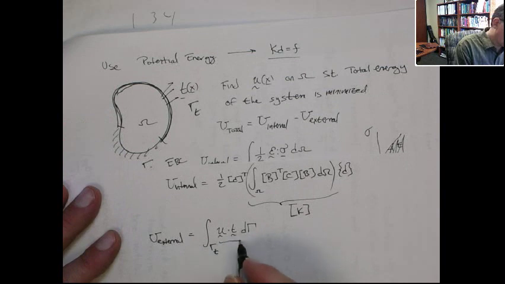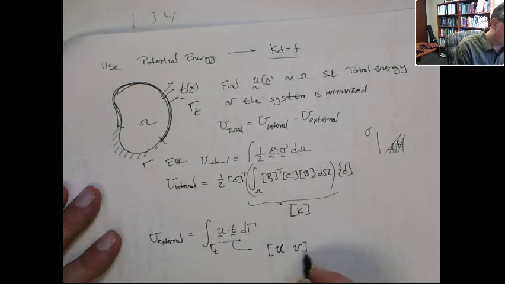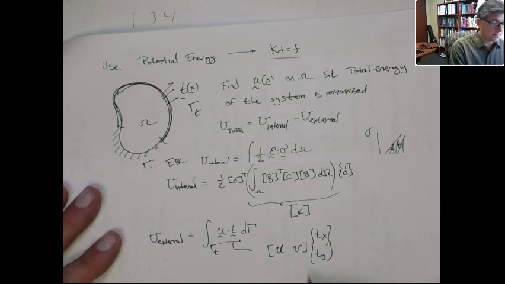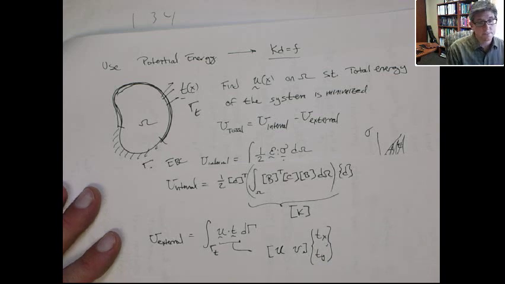So kind of putting this into matrix form, and considering that it's 2D, this is the displacement in the x direction, displacement in the y direction as a row vector, traction in the x, traction in the y. And these might be functions of position, right? These are definitely functions of position. That's the interpolation.